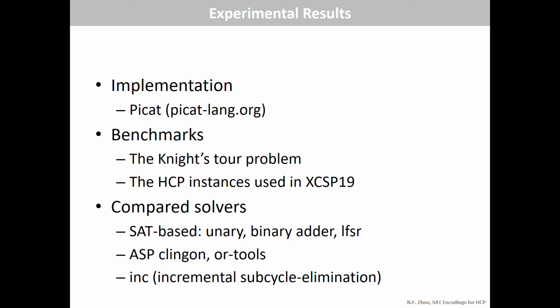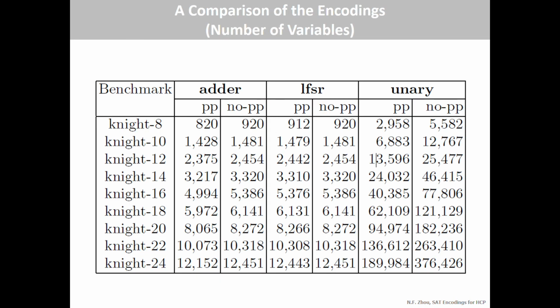In addition to the set encodings, we also included in this comparison the Clingo ASP solver and the OR-Tools CP solver. We also included an incremental set solver, which incrementally generates subcycle elimination constraints.